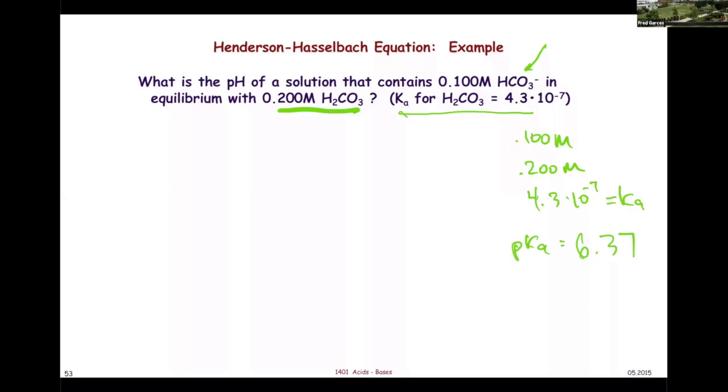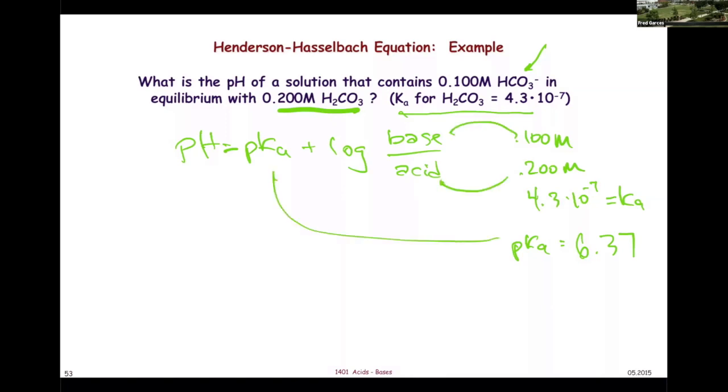So all we have to do now is stick it into this equation. pH equals pKa plus the log of the base over the acid. The base is 0.1, the acid's 0.2, and the pKa is 6.37. What is the pH of this buffer solution? 6.37 plus the log of 0.1 over 0.2.